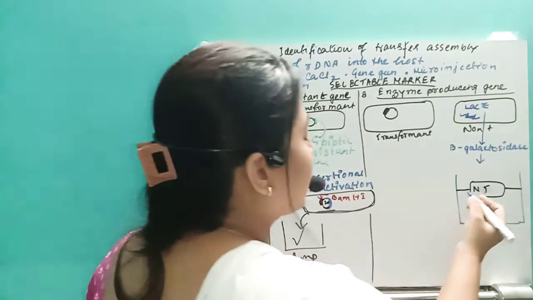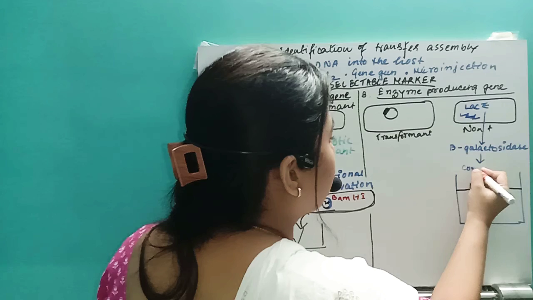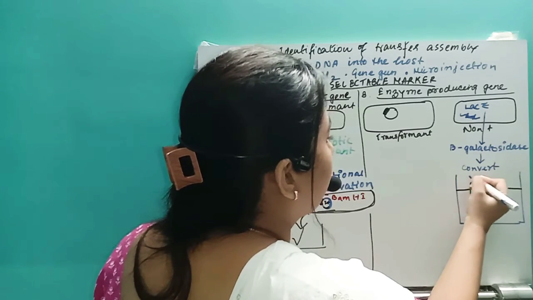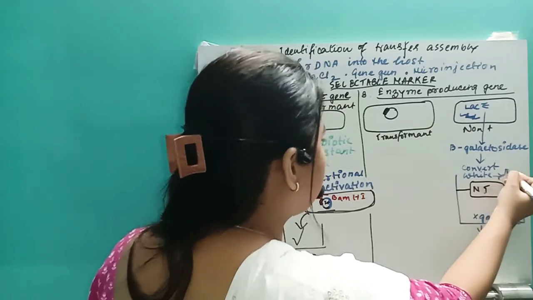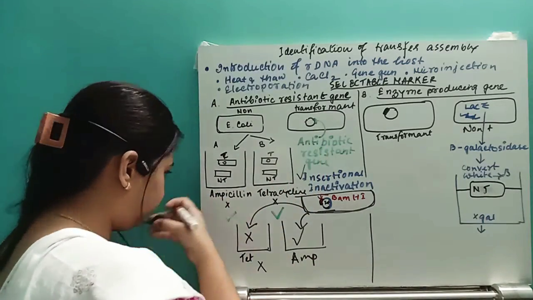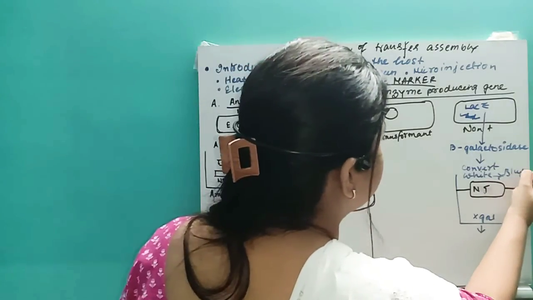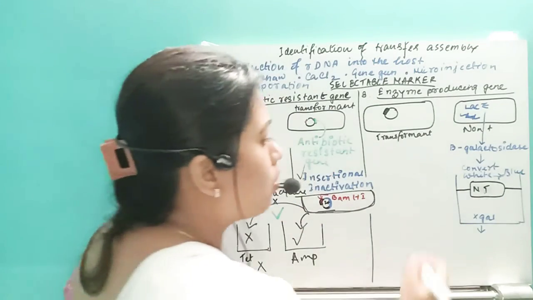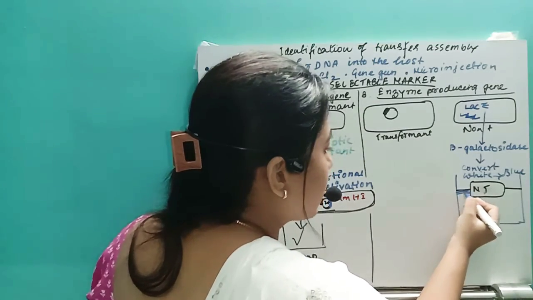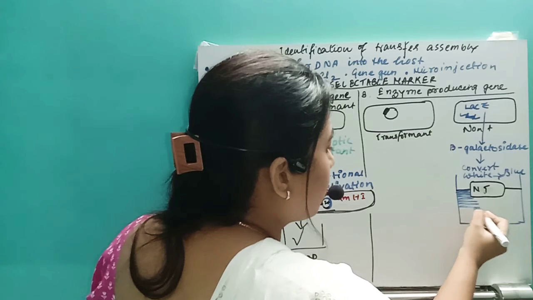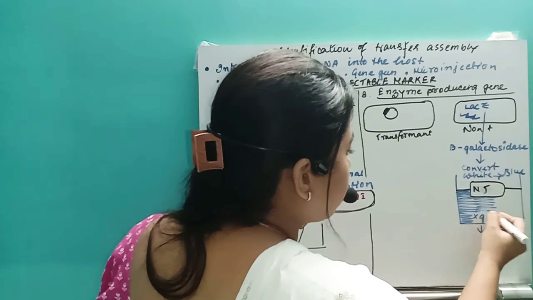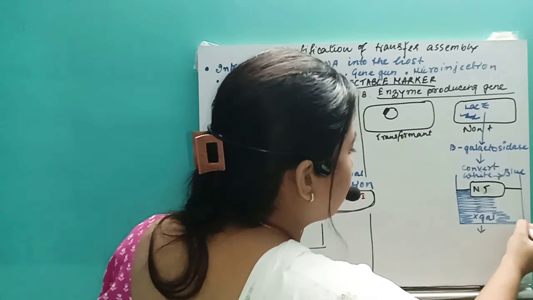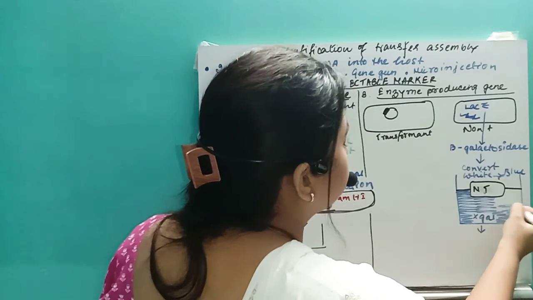So this beta-galactosidase will convert the white color of the X-gal into blue color. This medium, which has the white color, will turn into a blue colored liquid completely.